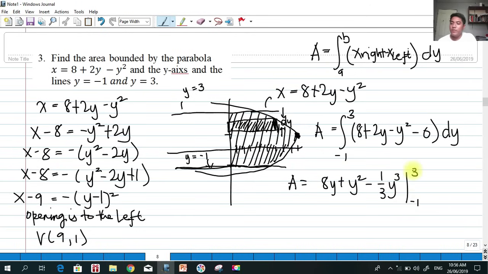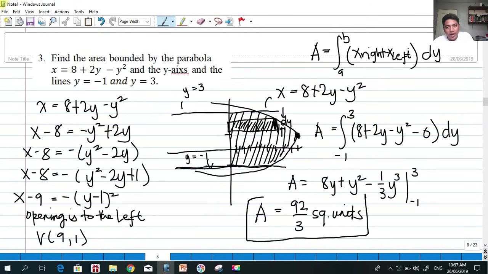If we evaluate this definite integral, as I have shown you a while ago, our answer should be 92 over 3 square units. So that should be our answer.